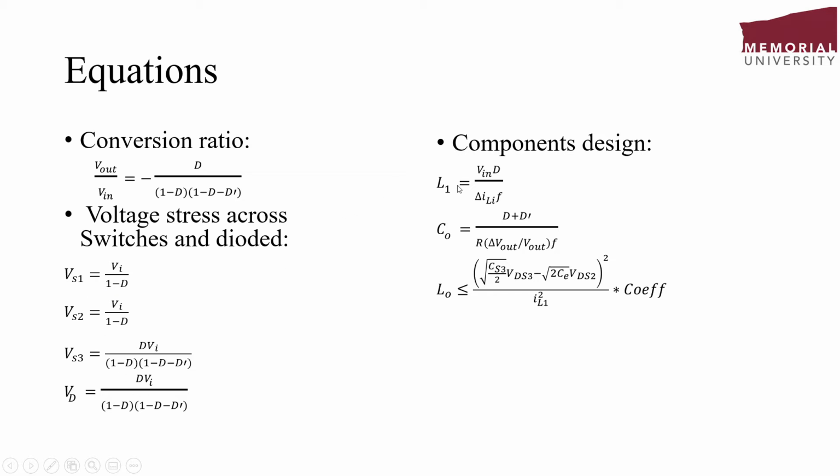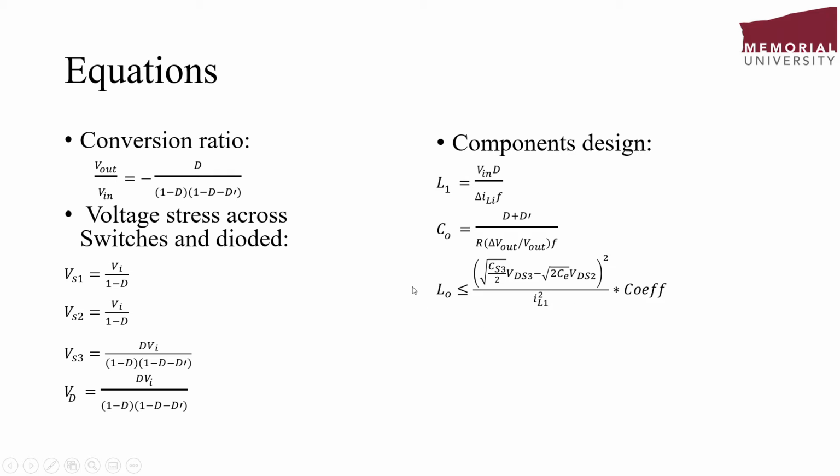Component design. The Li is similar to the boost converter. Cu is a little different. It's D plus D prime over R times output voltage ripple over output voltage times switching frequency.